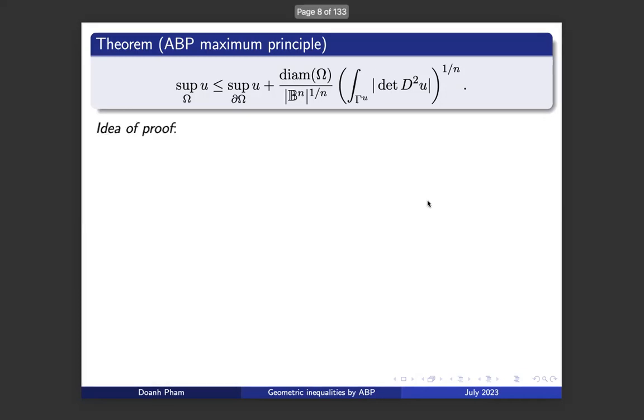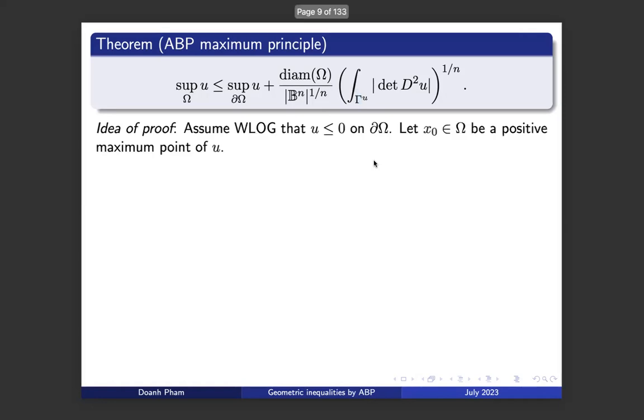So the idea of this proof is again analyzing the upper contact set. So for now, we assume that U is non-positive on the boundary of omega.